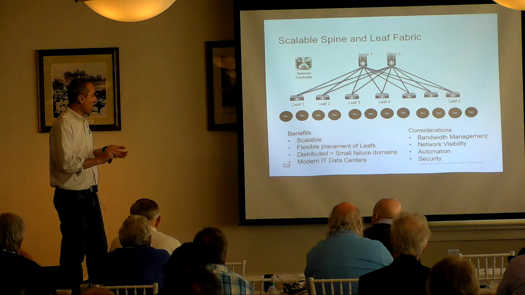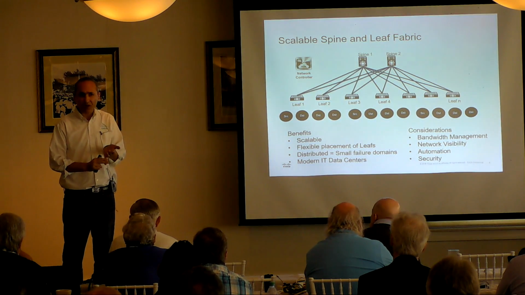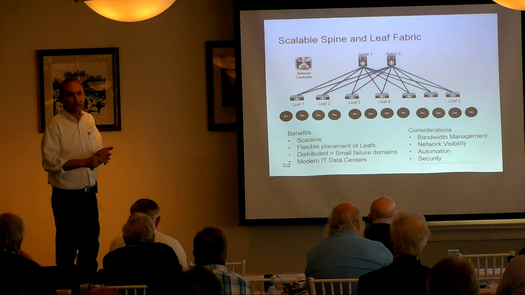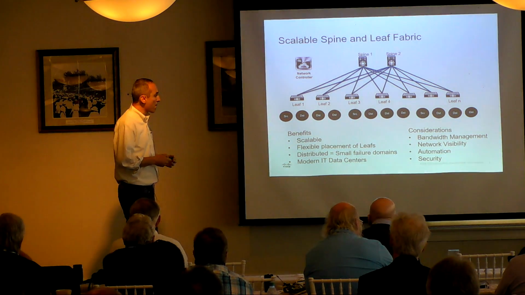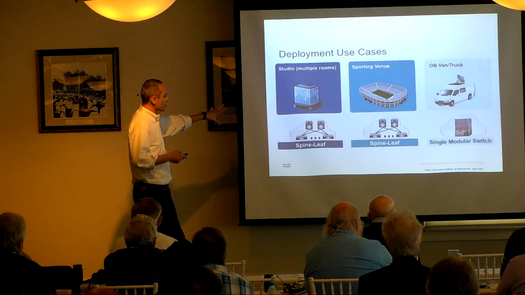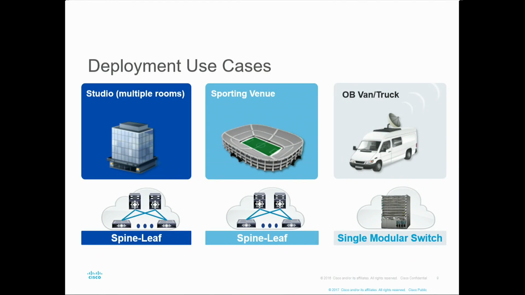A couple of things you need to worry about: bandwidth management for multicast, and then visibility and maybe security also. I'm describing a spine leaf. Usually it's sporting venues and studios. We've seen it in studios. In an OB van, usually they go for a single chassis because of space.